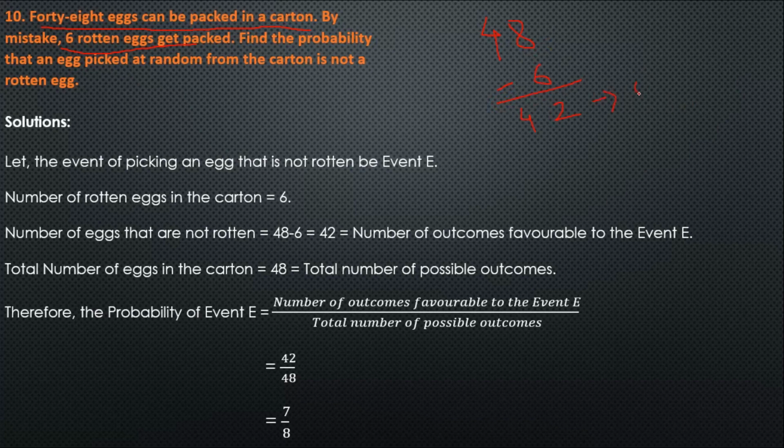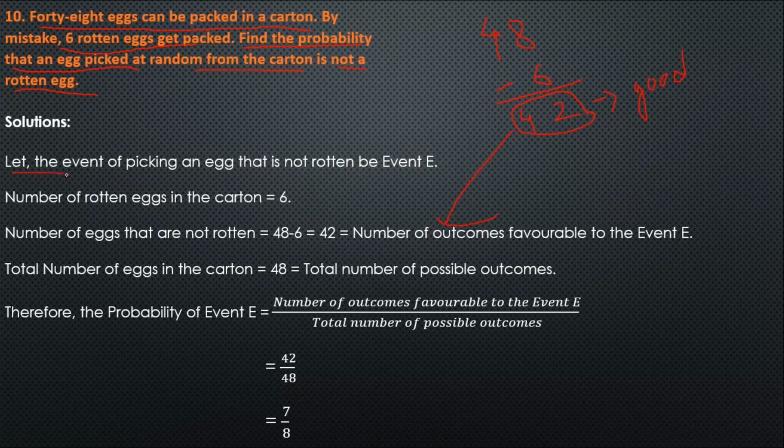Okay, this means 42 good eggs are there, or that are not rotten. You have to find the probability that an egg picked at random from the carton is not a rotten egg. How many eggs are not rotten? This is 42. So this is going to be our number of outcomes favorable to the event E.